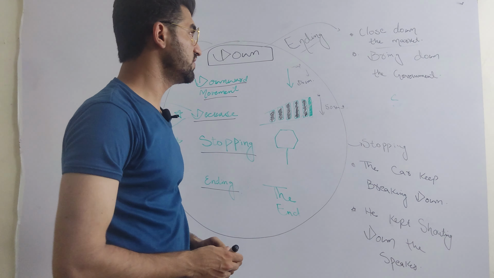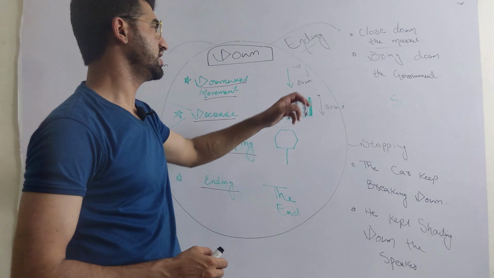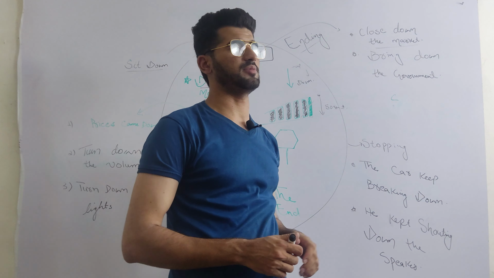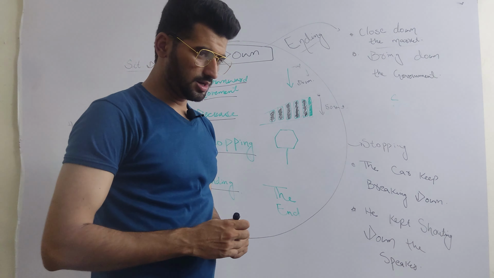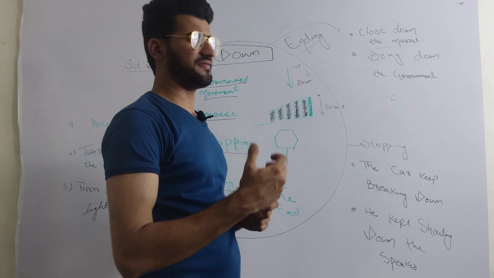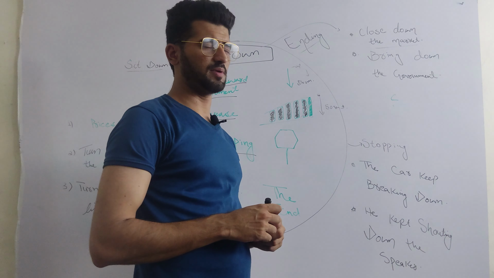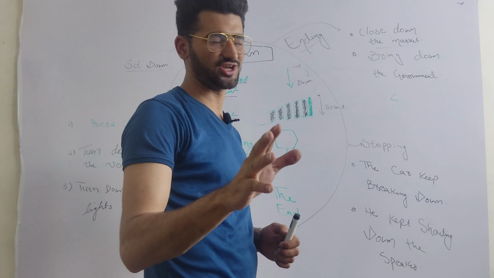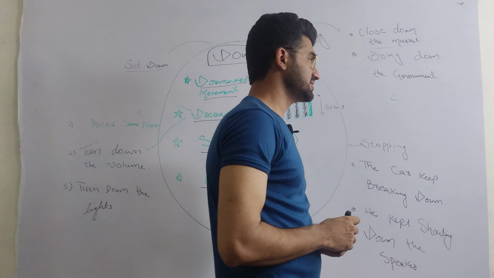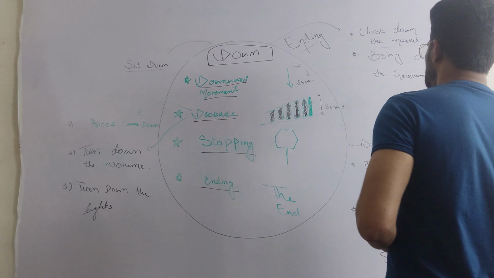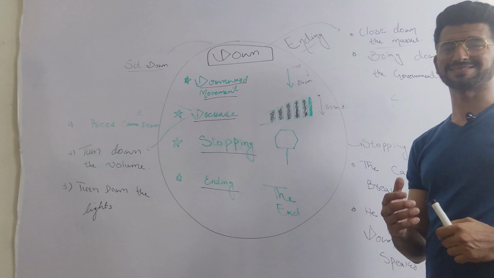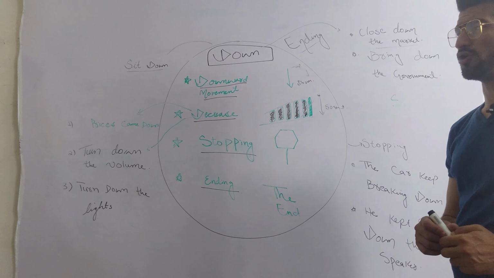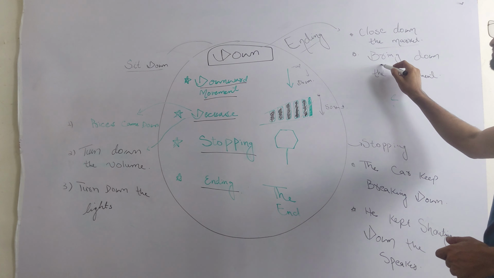Now we have another phrasal verb for ending, which is bring down the government. Look, when a government does bad things, you might have seen it with Bill Clinton, George Bush. I'm just kidding, okay. Bill Clinton did very good, but due to the Monica Lewinsky scandal, the government was brought down.